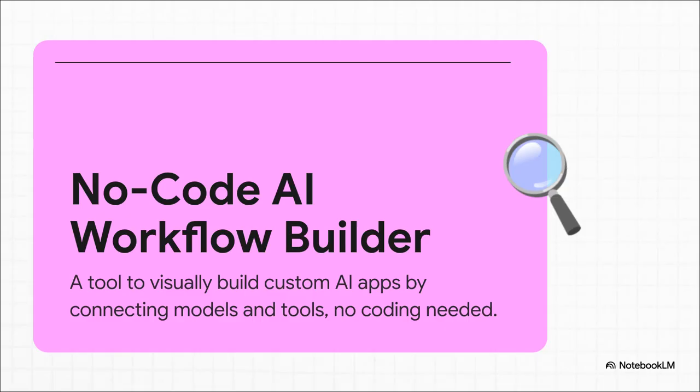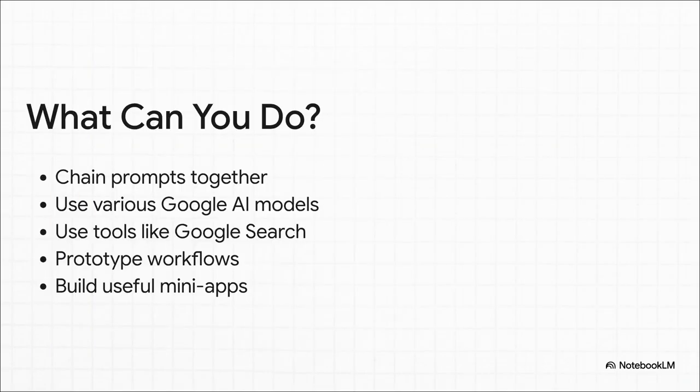It's called Opal. At its heart, it's a no-code AI workflow builder. The whole point is to make creating your own AI tools as simple as you can imagine. The best way to think about it is like you're using digital Lego blocks, but instead of a castle, you're building your very own custom AI assistant. So, what can you do with it?